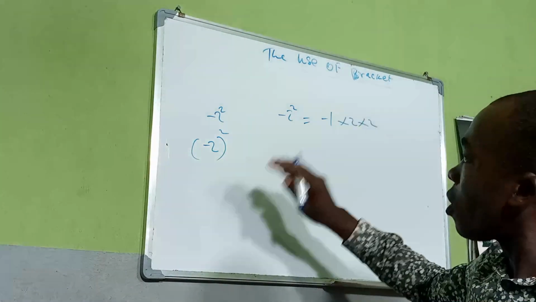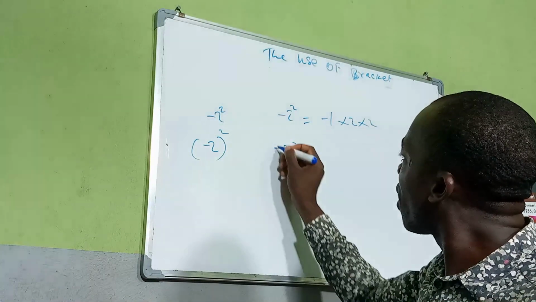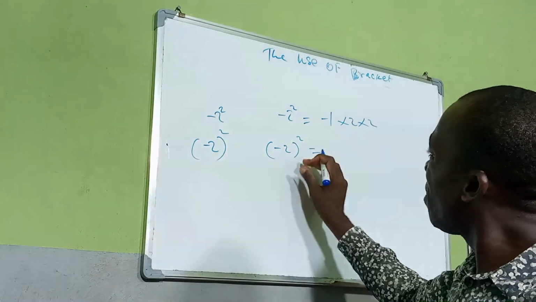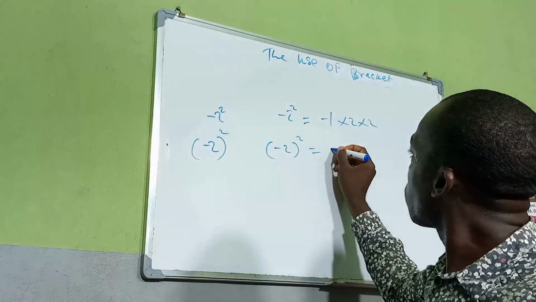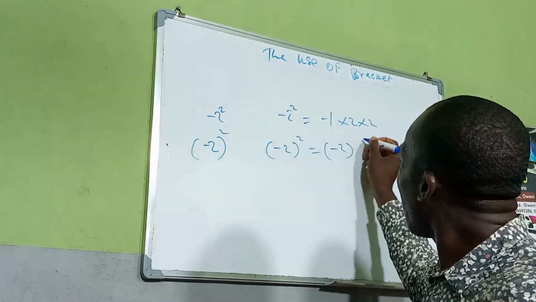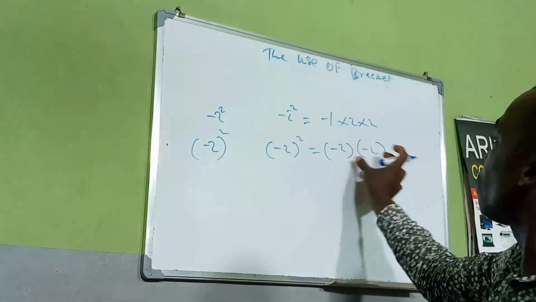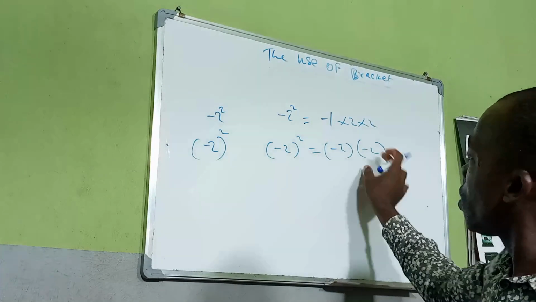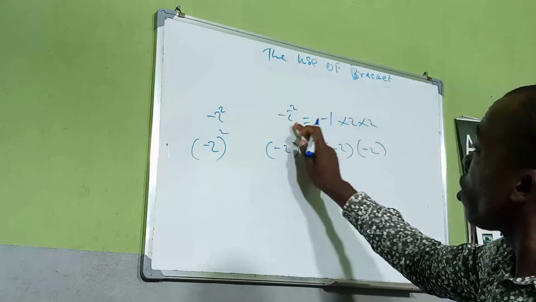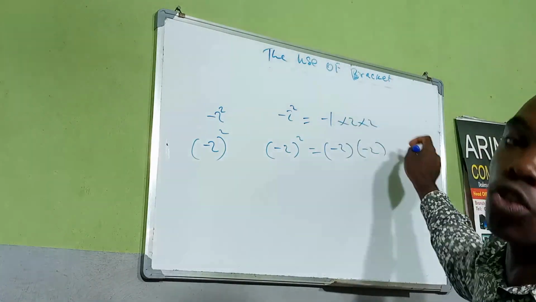But if you have minus 2 in brackets, this one means this bracket times this bracket. That is, it means minus 2 times minus 2. You see that this bracket is multiplying this bracket. Do you get? So this one means minus 2 times minus 2. But this one means minus 1 times 2 times 2.